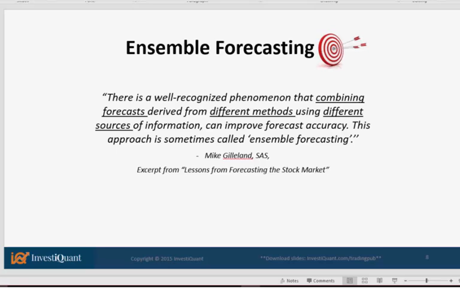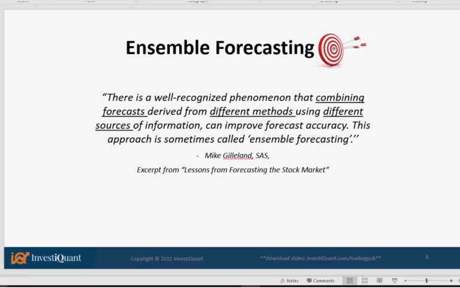So if we can design a model based on price action, we could design a model based on seasonality, and on their own they might be terrific models. But if we combine them, or if we average the predictions out, then we can often have a much better model than either one could be on their own.